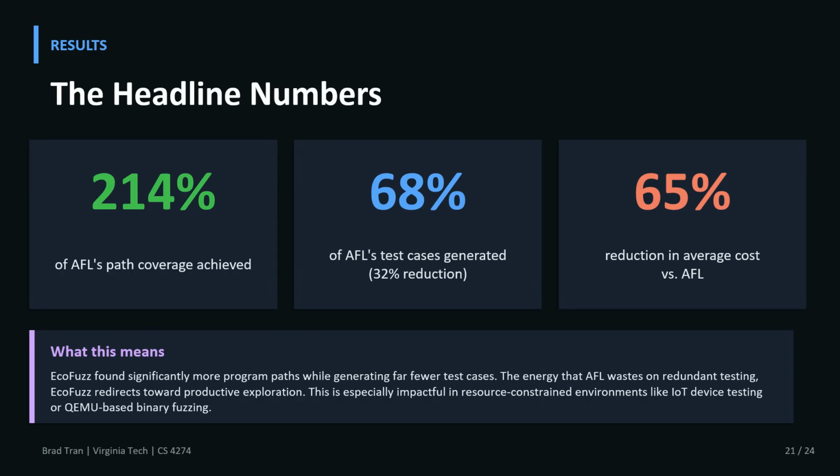The energy that AFL and its variants waste on redundant testing of high-frequency paths, EcoFuzz redirects toward productive exploration. This advantage is especially pronounced in resource-constrained settings like IoT fuzzing through QEMU, where each execution is significantly more expensive.